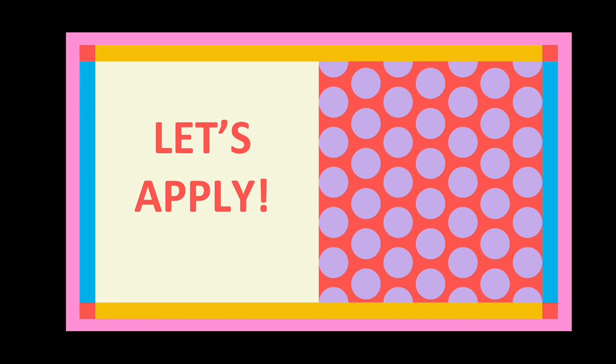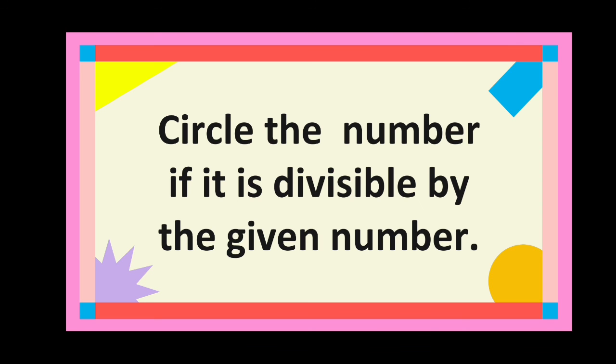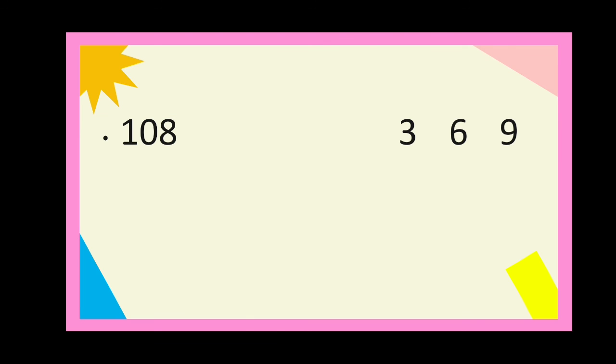Now let's apply. Circle the number if it is divisible by the given number. The first number is 108. So tingnan natin kung divisible ba siya by 3, by 6, at by 9. So para i-check natin kung divisible ba siya by 3, we need to do the 2 steps.